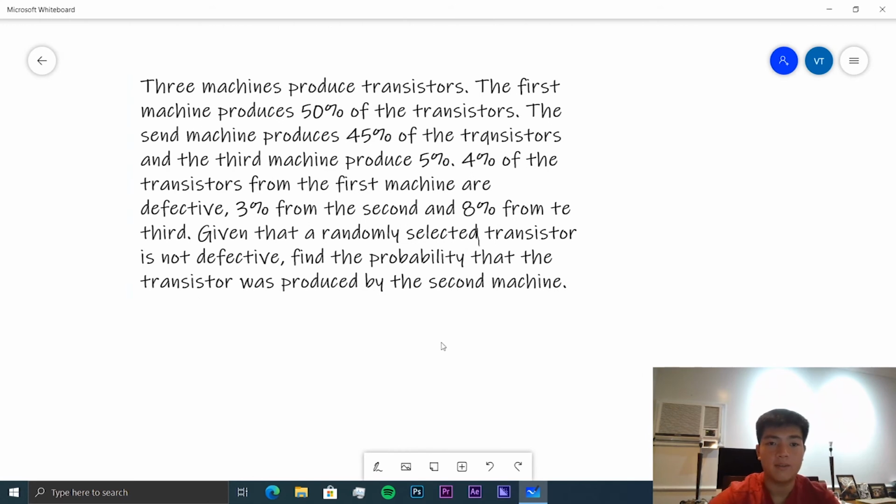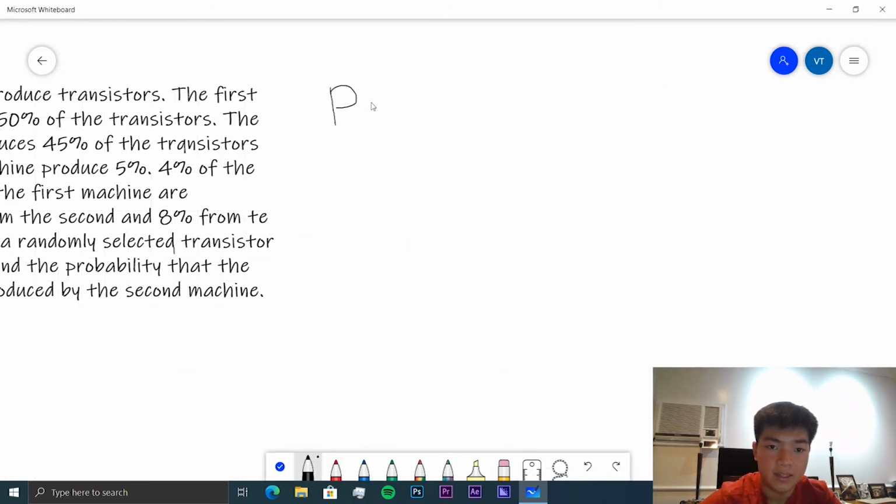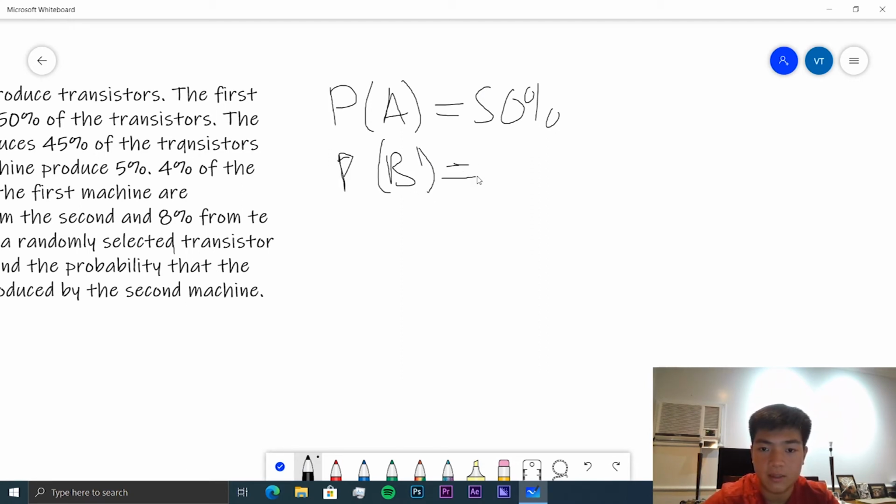Okay, so we have the probability that the transistor was from the first machine, I'll call it A, is equal to 50%. The probability that it was from the second machine is equal to 45%. And the probability from the third machine is equal to 5%.